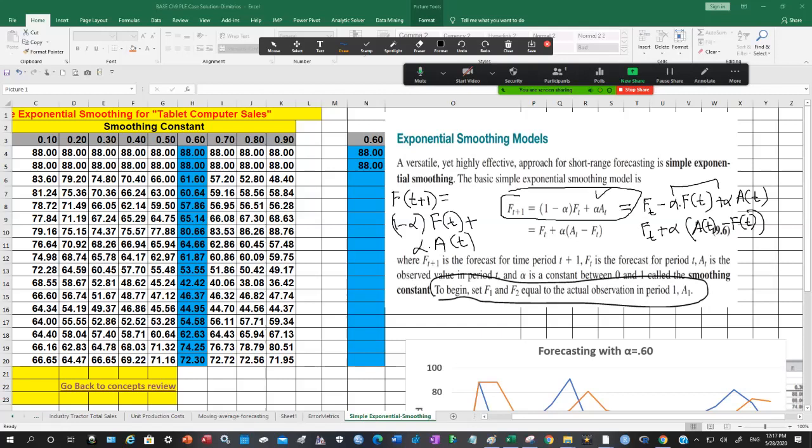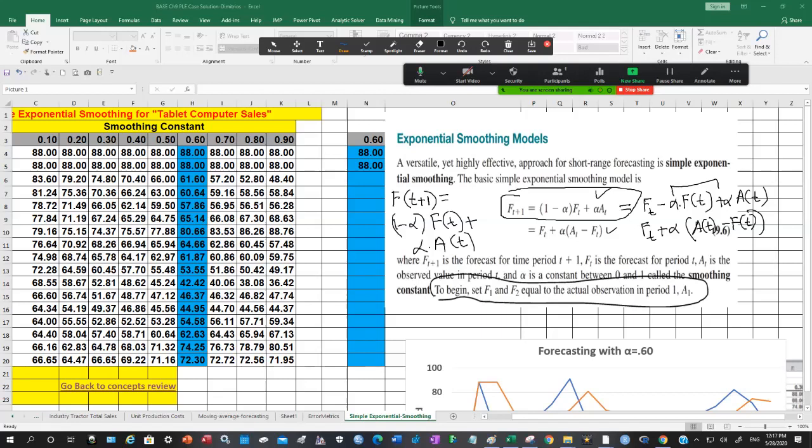So this and that are exactly the same thing. There's a little bit of math involved, and the math will become more complicated when we go to double exponential smoothing and when we go to the Holt-Winters additive model, or the Holt-Winters multiplicative model.